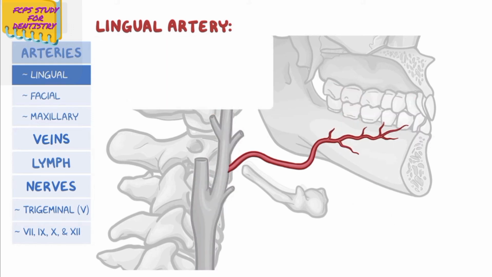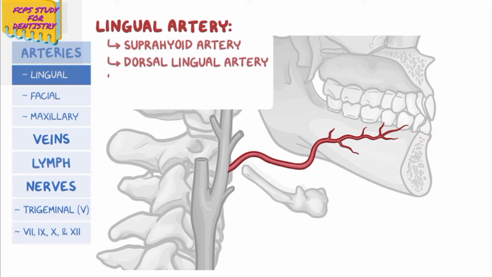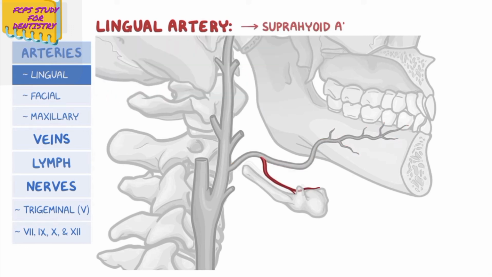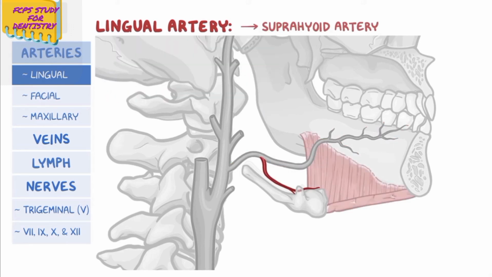The lingual artery gives off 4 branches: the suprahyoid artery, the dorsal lingual artery, the deep lingual artery, and the sublingual artery. The suprahyoid artery runs along the hyoid bone and supplies the omohyoid, sternothyroid, and thyrohyoid muscles.